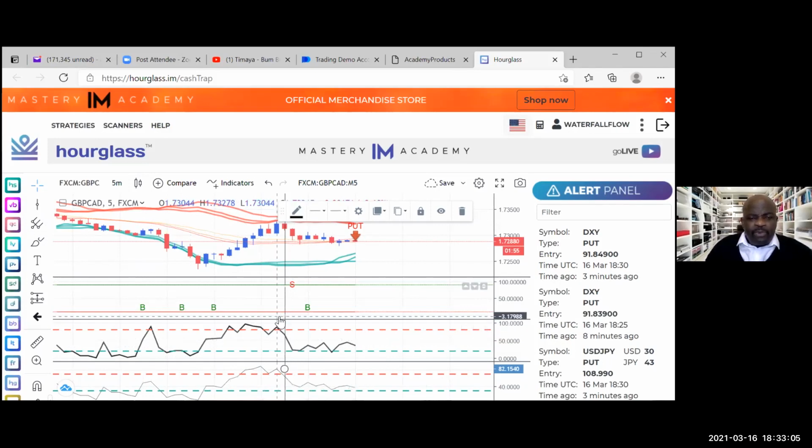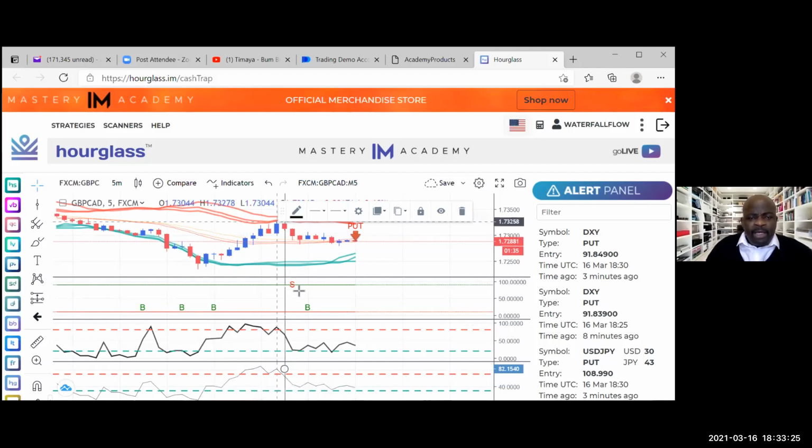In Forex, we say it's overbought if it crosses this line. So it crosses this line, is overbought, and then crosses it back down for a sell. So that's 1 point here, 1 point here.